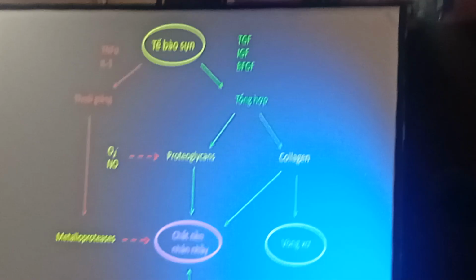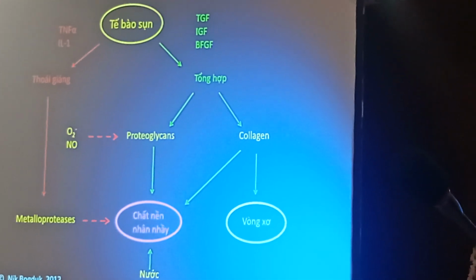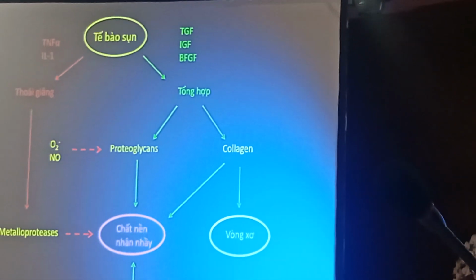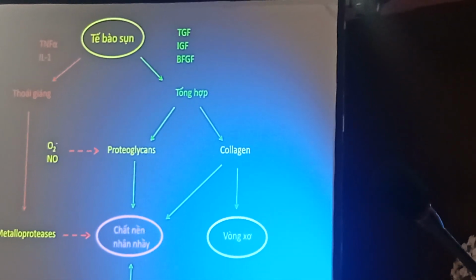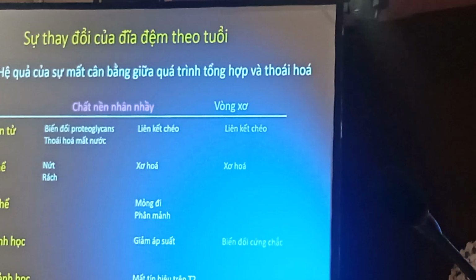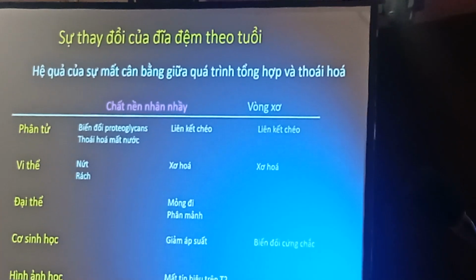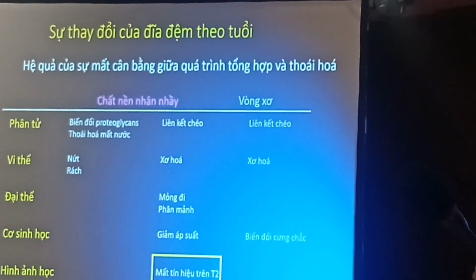And what happens when degradation is favored, that is, there's an imbalance of synthesis and degradation? Well, we see a number of changes extending from the molecular level all the way up to the macroscopic imaging level. And what we see macroscopically on imaging is loss of T2 signal in the nuclear compartment on MRI.